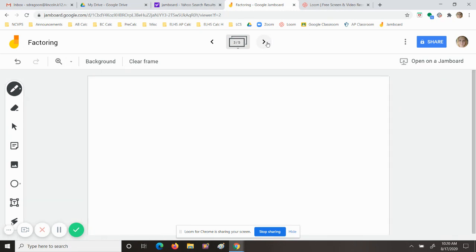Let's try another one. Okay, let's say we have x squared, oops, not plus, let's do minus 22x plus 21. Now, last one we had everything positive. This time, notice we have a negative with the x.